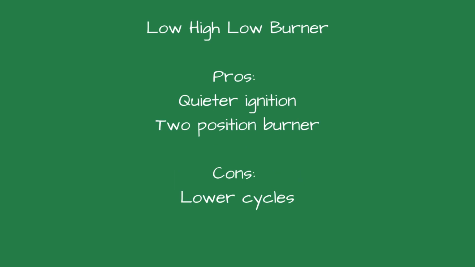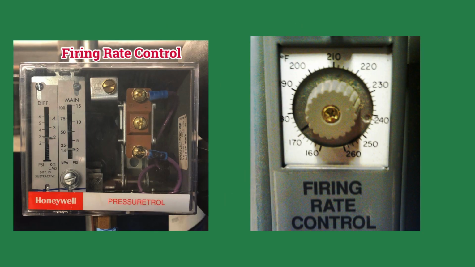The third one is low-high-low, and you'll see that as LHL. This burner starts at low fire, and when the flame is established, will travel to high fire. It will stay at high fire until it reaches a set point on the firing rate control. At that point, the burner drops to low fire until the call for heat ends, or the temperature or pressure at the sensing point of the firing rate control drops low enough to drive it to high fire again.